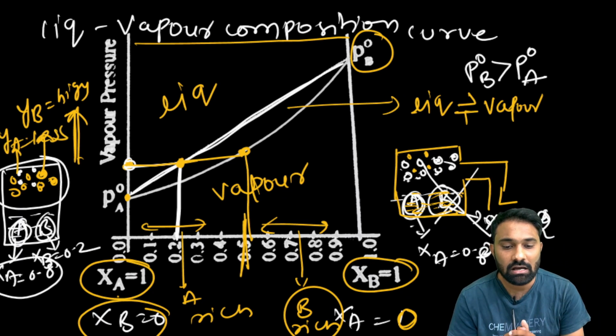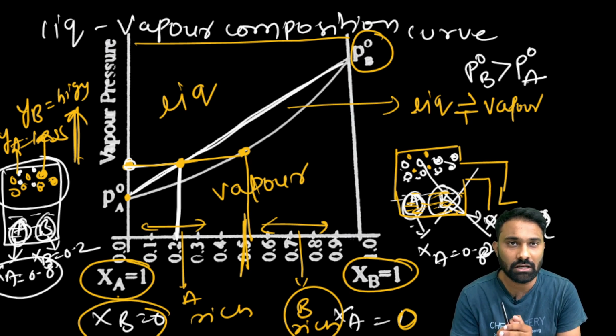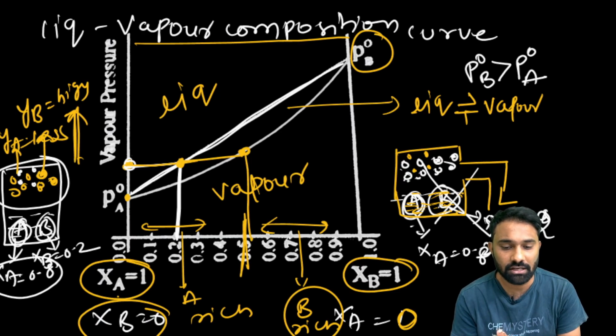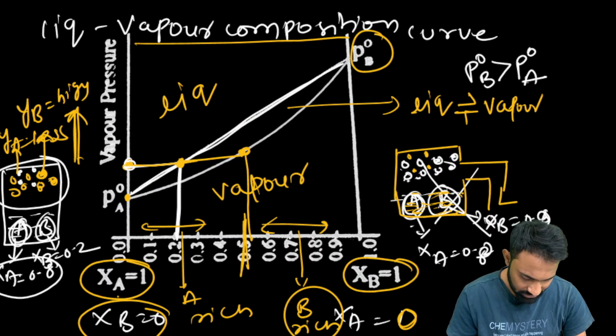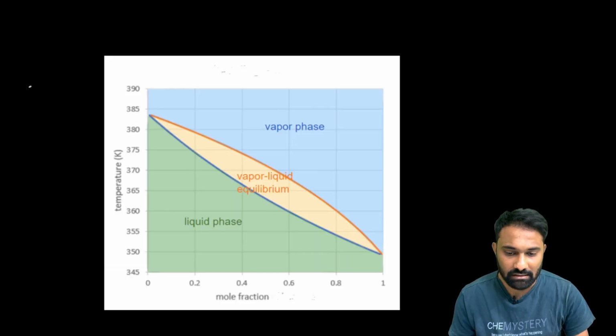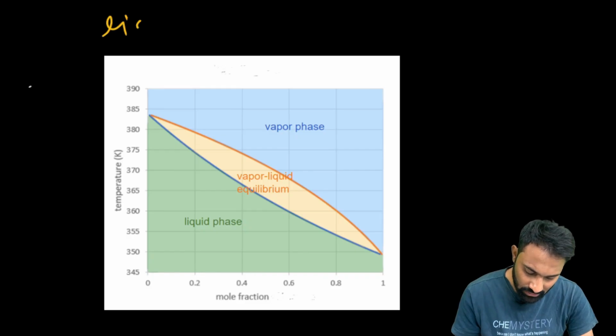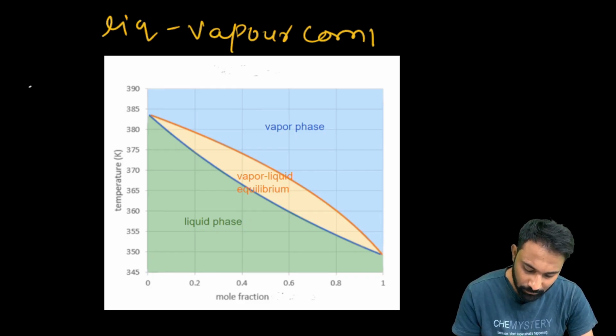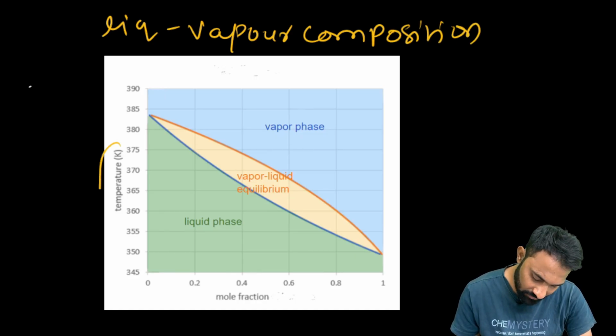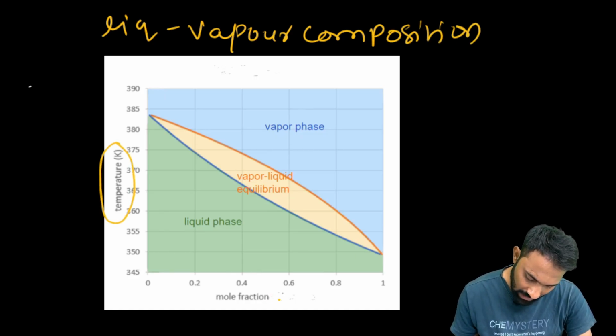Okay? This is the liquid and the vapor composition curve. It may make it somewhat difficult to understand, but studying this graph is very, very important. Clear? Now next, here this curve is also a liquid and vapor composition curve, but this time it is on the basis of temperature and mole fraction.